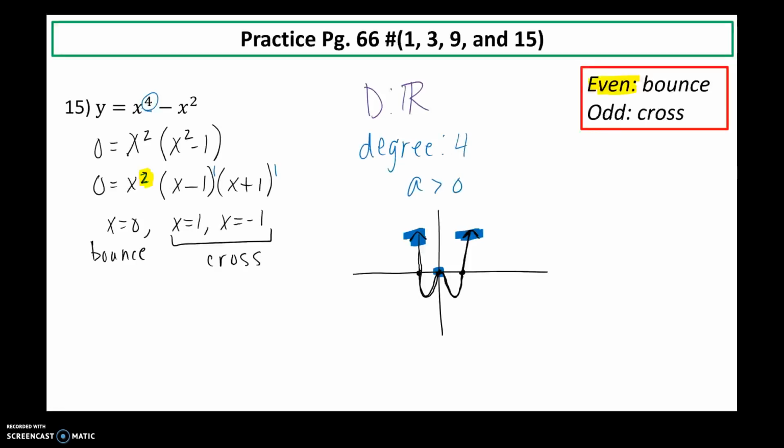All right, so please try for homework. I think it's page 66, whatever section 2-3 is. Numbers 2 through 12 even. So they're all in factored form. So you're going to identify the zeros.